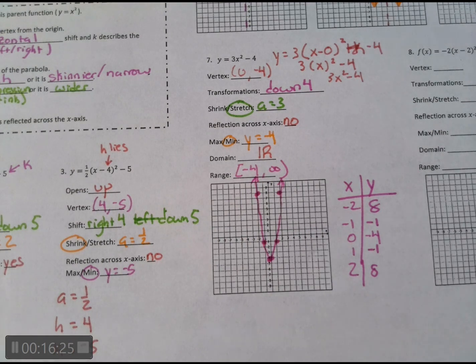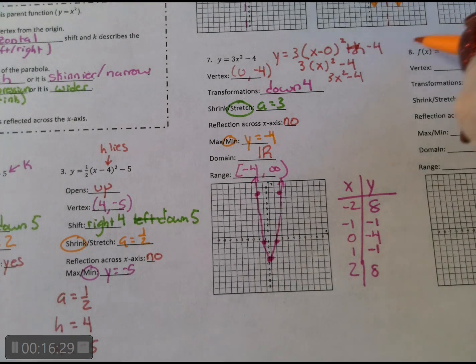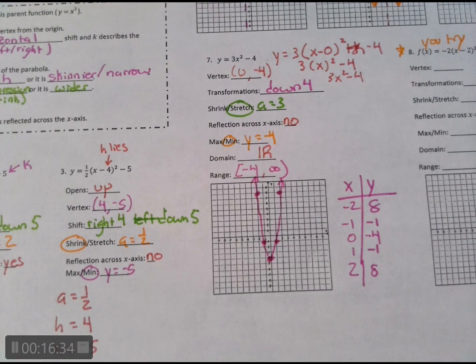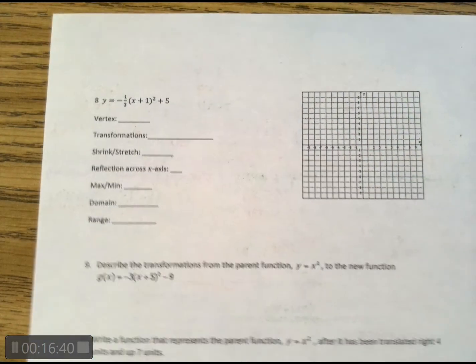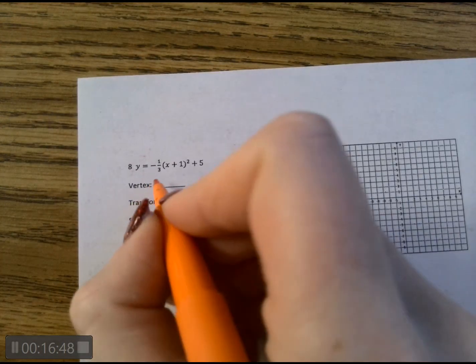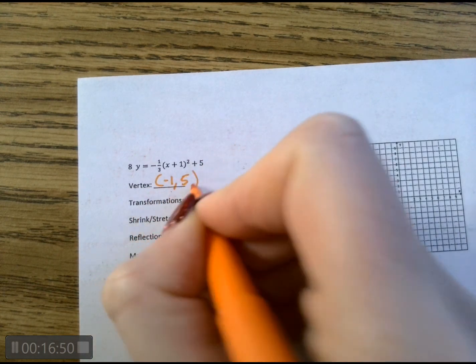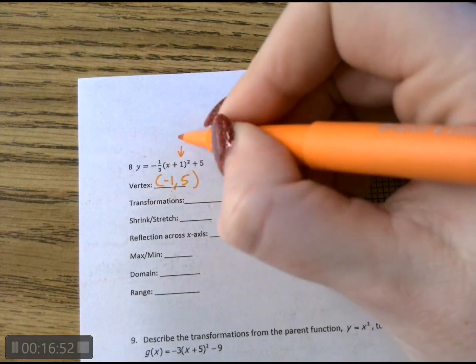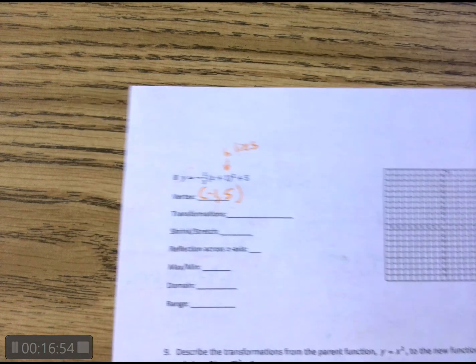Alright, so I want you guys to try number 8. Let's see what you can do. Alright, and then on the back, same deal. Okay, so on the back we have our vertex of negative 1, positive 5, because remember that H lies.